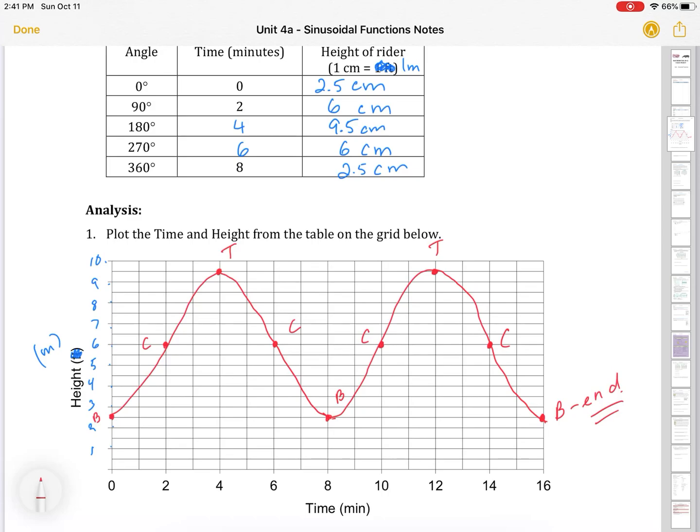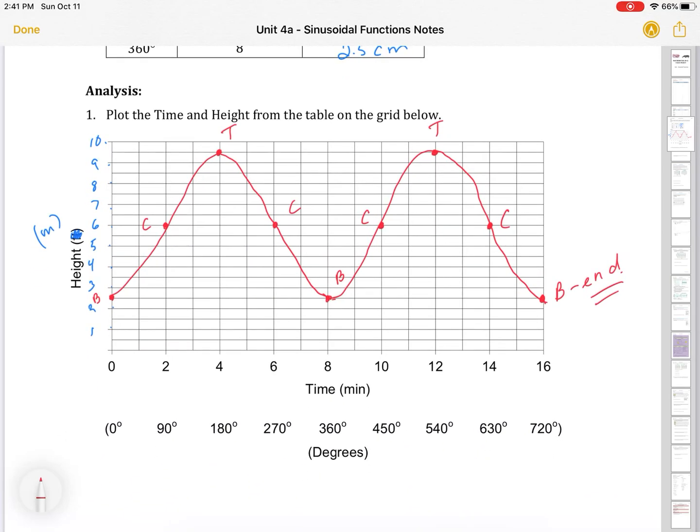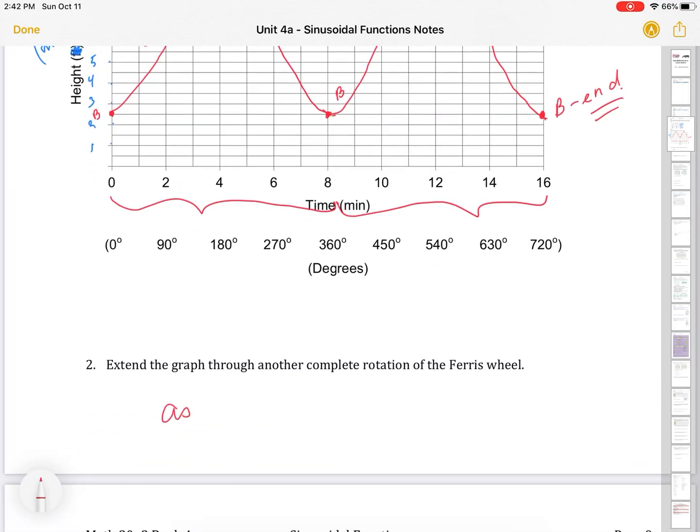Okay, so we've basically done 2, which says extend it through an additional rotation. This was the first rotation, and this was the second rotation of the Ferris wheel. Okay, so it gives us an idea of what that is. And basically we're graphing the height of the Ferris wheel from the ground, as above.